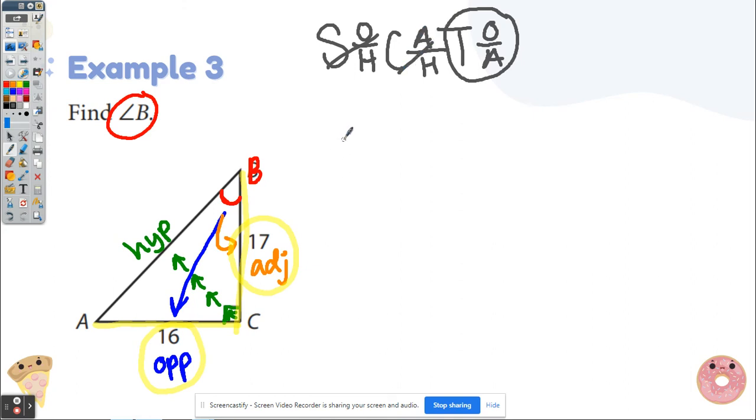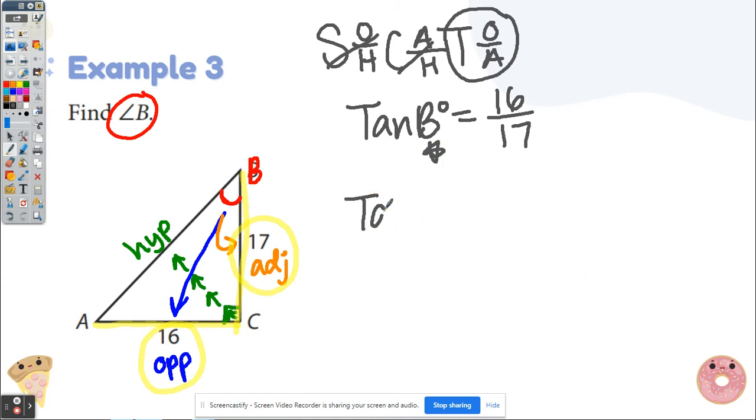Later, I am going to mix these kind of questions up, and you would have to ask yourself that. So I'm going to use tan of B degrees is equal to opposite, which is 16, over adjacent, which is 17. I'm going to ask, multiply, switch, or inverse. The answer is inverse because you're trying to find out the actual angle.